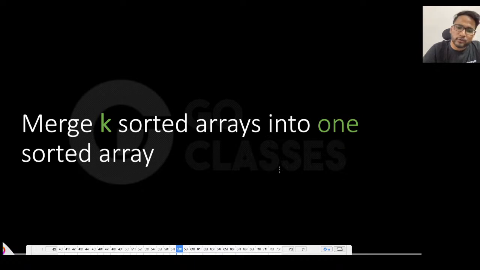In the questions, what will they say? They will say the input is k sorted arrays. Notice here that there are k sorted arrays, each of some size; you can have any size, but let me say each of size n by k.